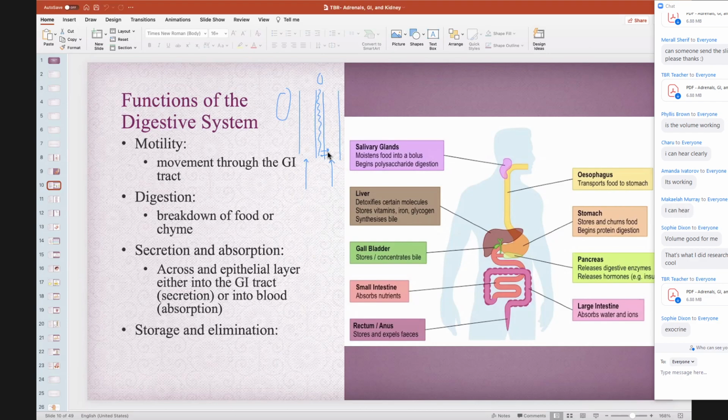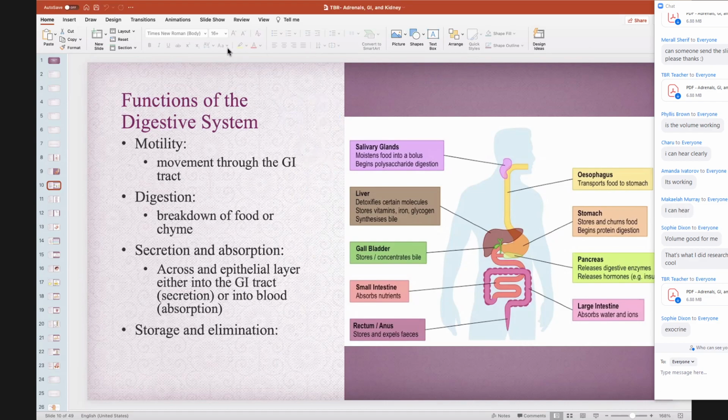So there is a term here, exocrine. Exocrine signaling is out, is secretion. We'll talk about exocrine function specifically in the pancreas today. At the very end of the GI tract, as we're all familiar with, storage and elimination.